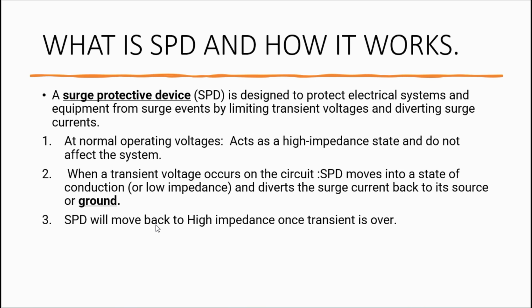There are factors that determine the value at which the SPD becomes active and provides a low impedance path from the transient phases to the neutral or to the earth. There are many factors we have to discuss one by one in this webinar.